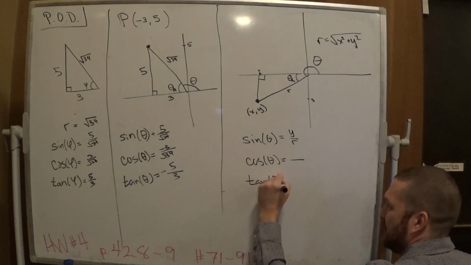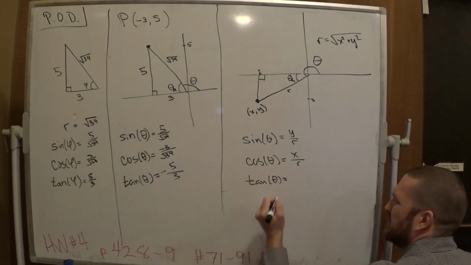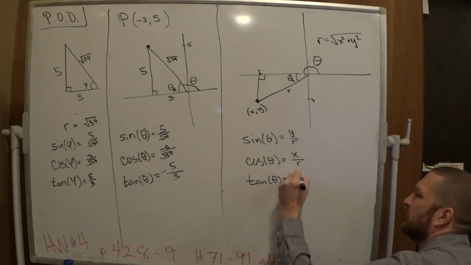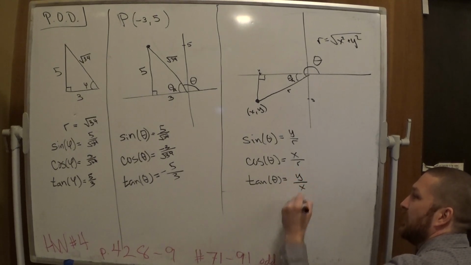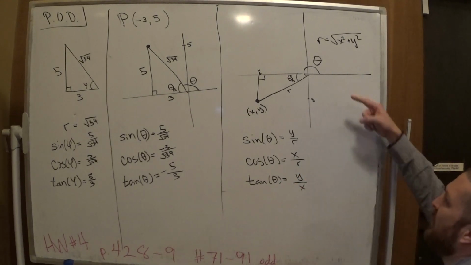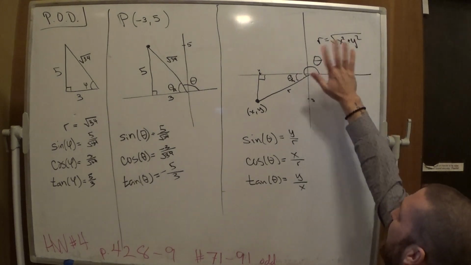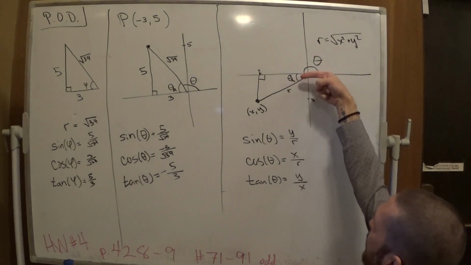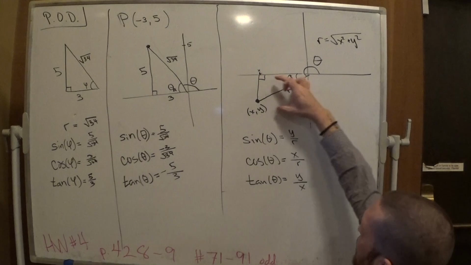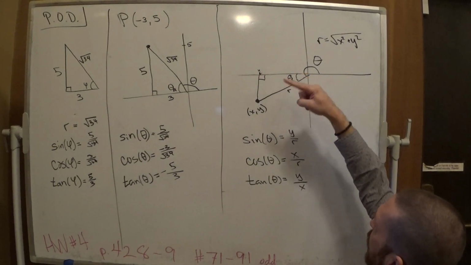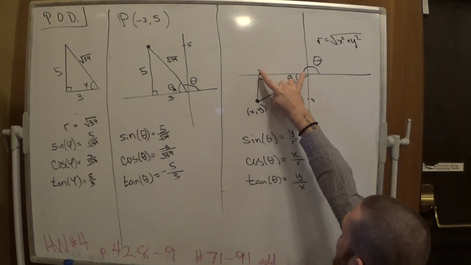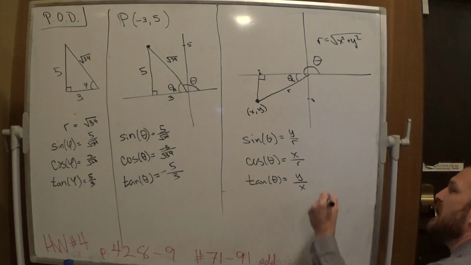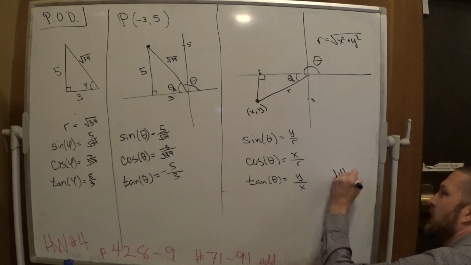X over r. So that makes tangent equal to what? Y over x. So opposite, and again, I'm not thinking about that theta, I'm thinking about that one. I would go opposite, which that length is y, over adjacent, and that length is x, and so y over x. And ditto for all the other guys.